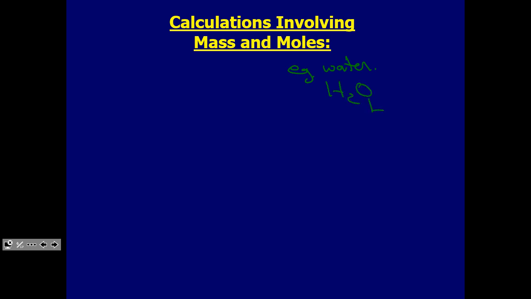Knowing our technique, we can use our periodic table to calculate the molar mass. And as I stated in the last episode, we have new units and we need to think of it very forcefully: grams per mole. All right.